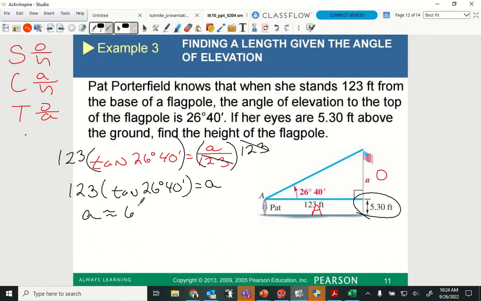So 61.77, and now I'm going to add 5.30, which is going to give me a grand total of 67.07. Right? And what are my units? Feet. Very good.